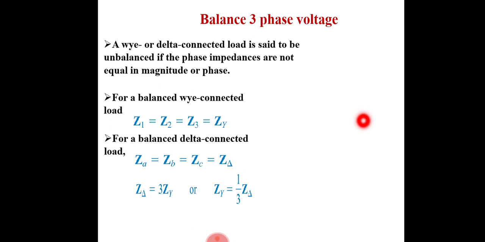For a balanced star connected load, Z1 = Z2 = Z3 = Z star. For a balanced delta connected load, ZA = ZB = ZC = Z delta. The relation between star and delta impedance is Z delta = 3 Z star, or Z star = 1/3 Z delta.